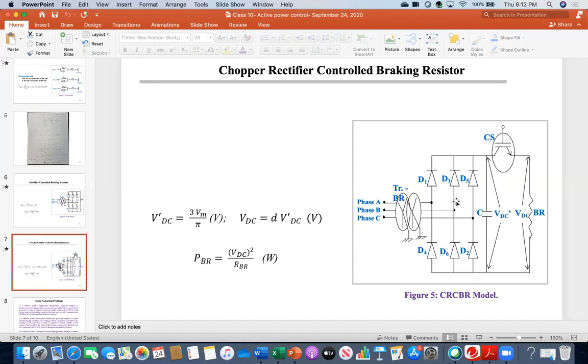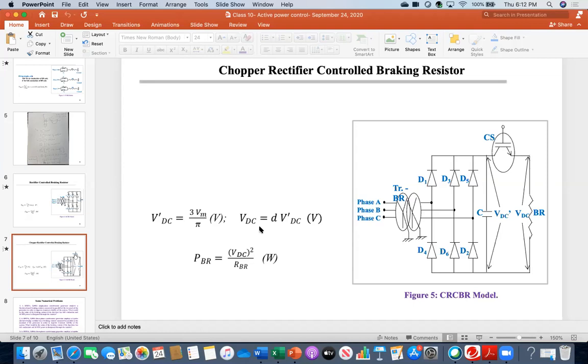Of course, a diode also has a firing angle, but I am assuming full conduction, alpha is 0 degrees. That's why I did not put cosine 0, because that is 1. So once I get 3 Vm/pi, this is the duty cycle of the chopper device. Duty cycle is output voltage divided by input voltage. V'DC is the input, and VDC is the voltage that appears across the braking resistor. So finally, with the help of the duty cycle, you will get VDC.